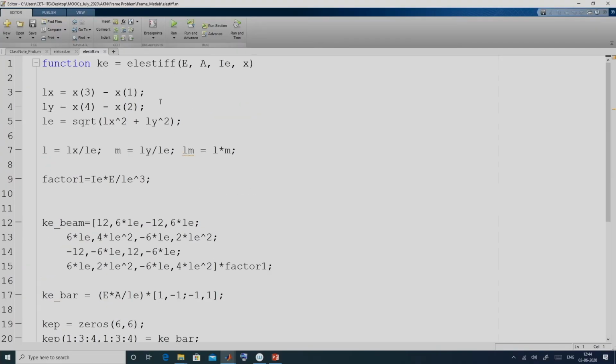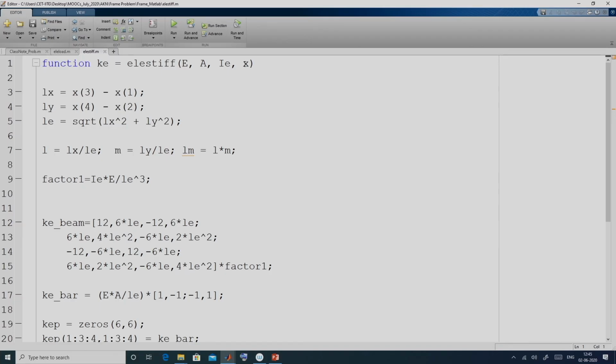So this is the element stiffness matrix function, where E is Young modulus, A is area, this is area moment of inertia, and this is the nodal coordinate.